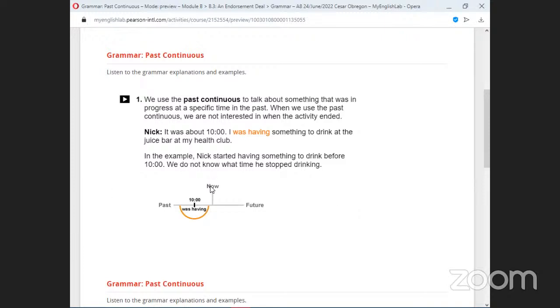Here we are talking about now, but this activity in particular happened in the very past. So, just remembering, I'm not doing the activity now. Okay, I understand. Don't worry. I have a chart where it shows the differences between each one. I know they look pretty similar. But in this case, we're talking about the past continuous, okay?